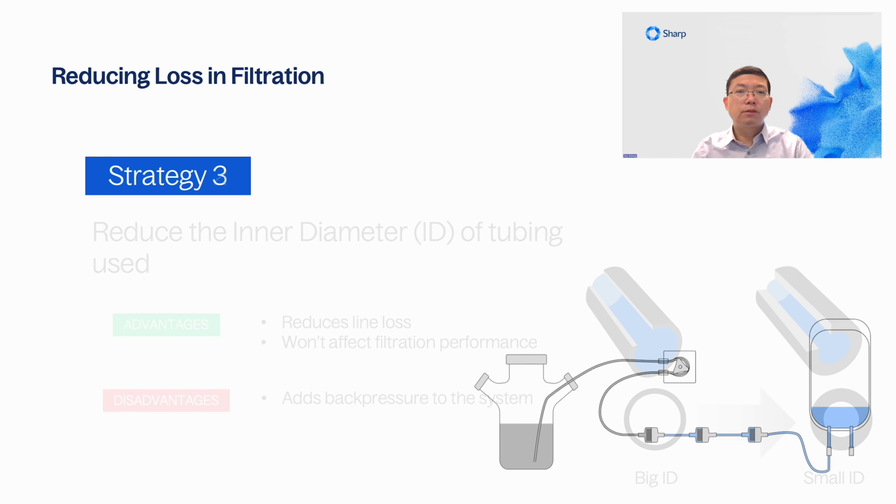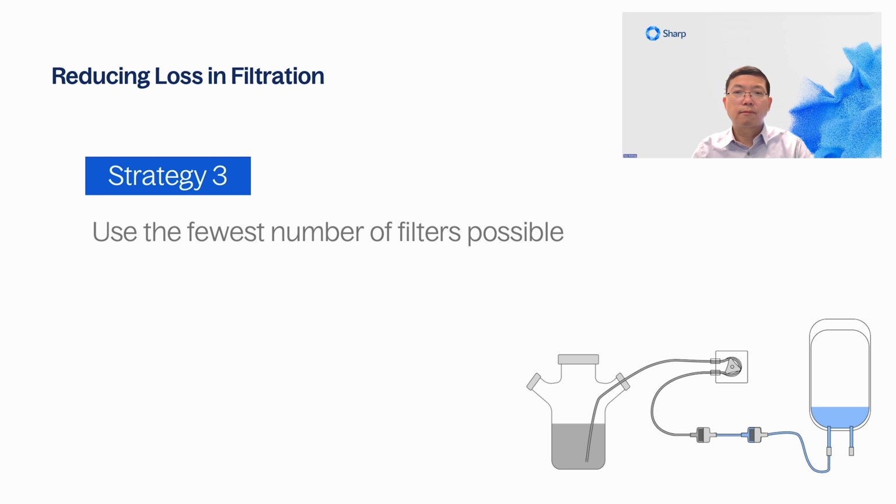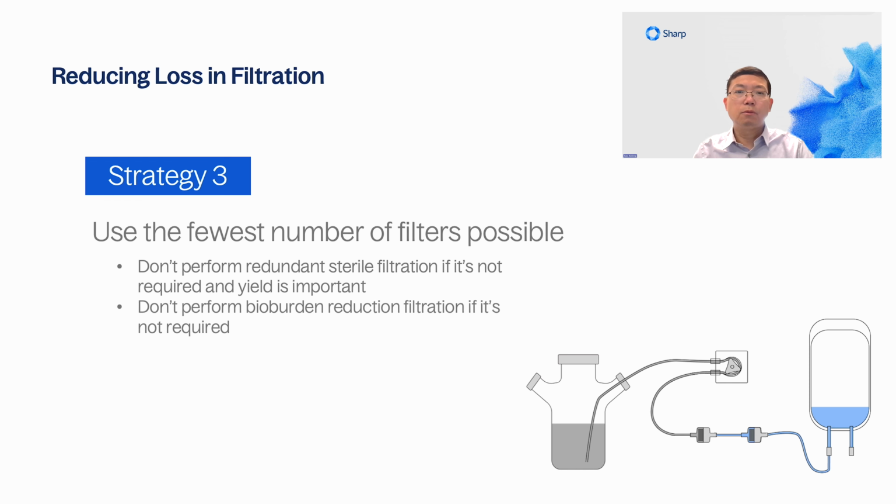You can use fewer filters. Filters retain a significant amount of solution, and using fewer filters will cut this loss. Using fewer filters will also mean that less solution will become trapped between filter membranes because there are fewer filter membranes in the system.